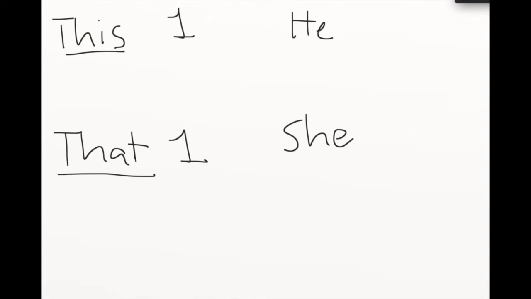Okay, so this and that are both singular. They are both talking about one thing. And remember, we spoke about he and she. He is also just one boy or one man. She is one girl or one woman. Now, there are options for plurals here.